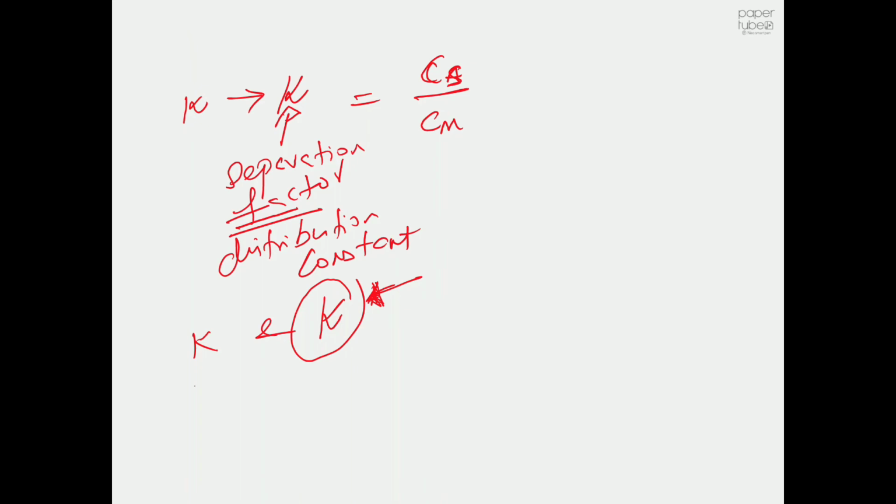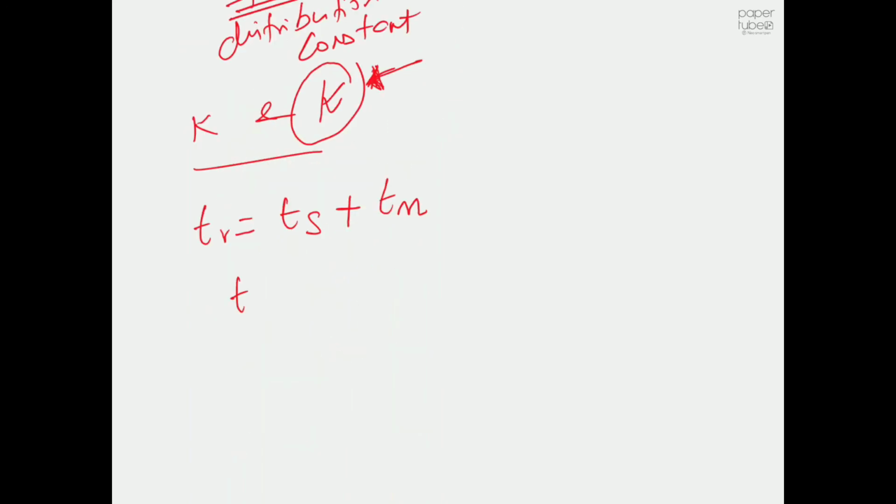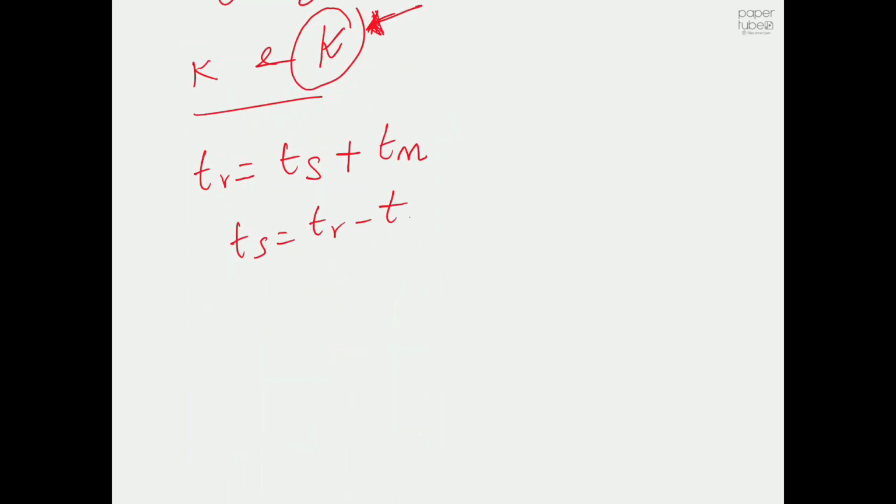To derive this expression, we have to go back to our first expression, where we know our retention time is the sum of the time spent by the analyte in the stationary phase and the mobile phase. So Ts will be equal to Tr minus Tm.